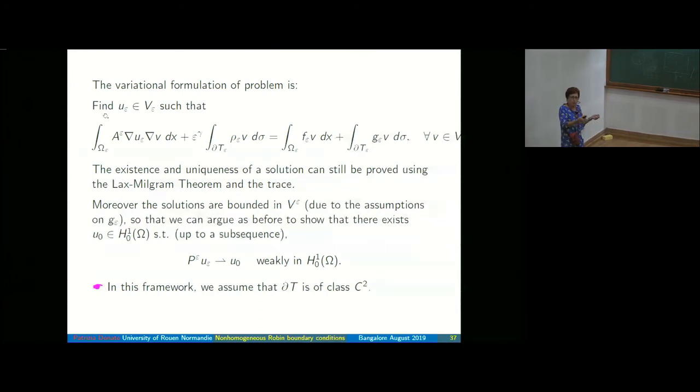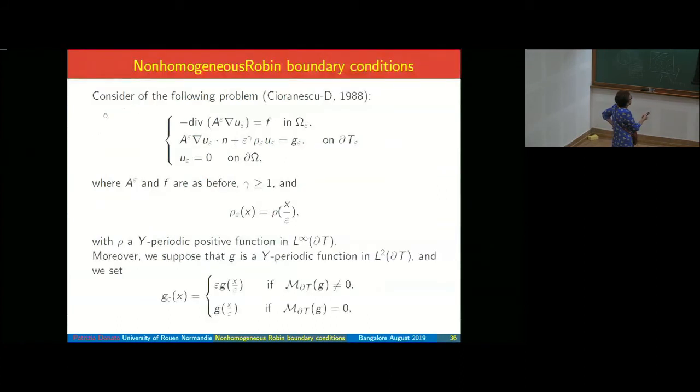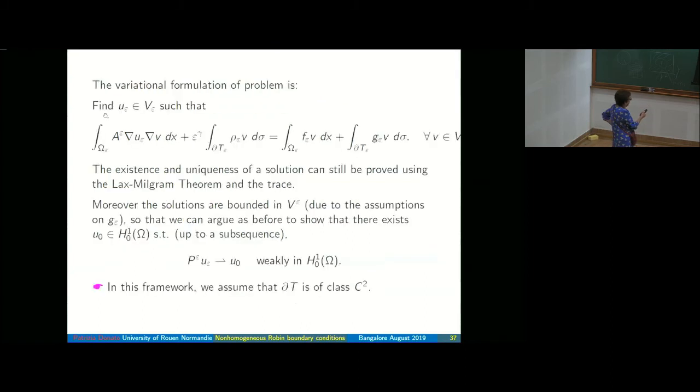You multiply the equation by a regular function, then you make the integration by parts with the Green formula, so that you replace the normal derivative by g epsilon minus epsilon to the power gamma rho epsilon u epsilon, and then you have this formulation: the usual term plus epsilon to the power gamma integral over the boundary of the holes of rho epsilon u epsilon v, equal to the term with f plus another boundary term, g epsilon v.